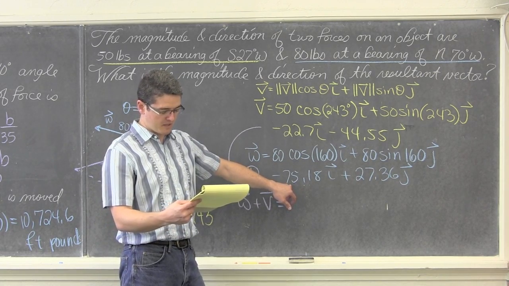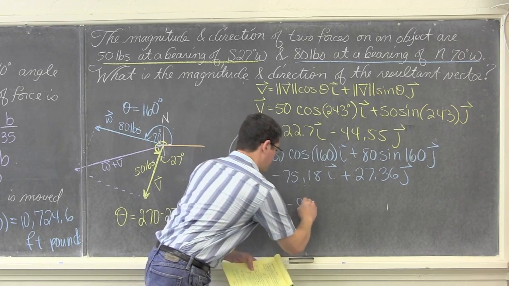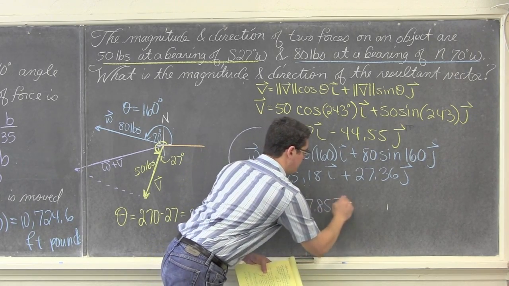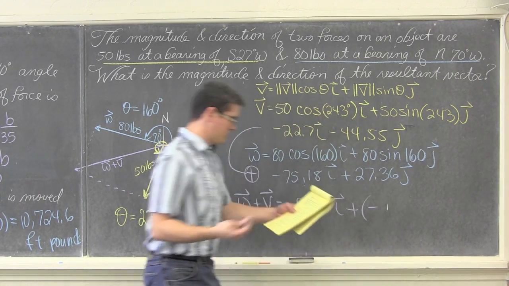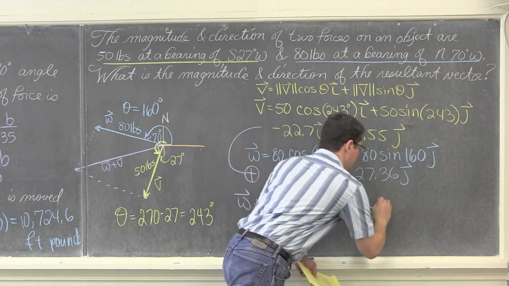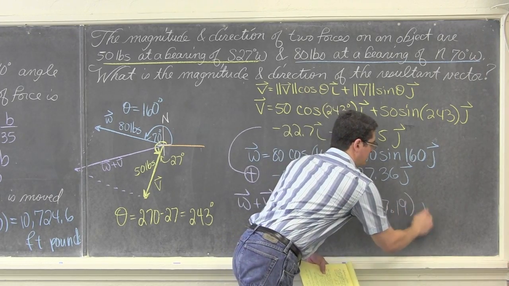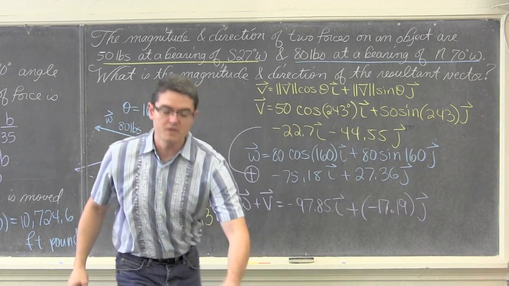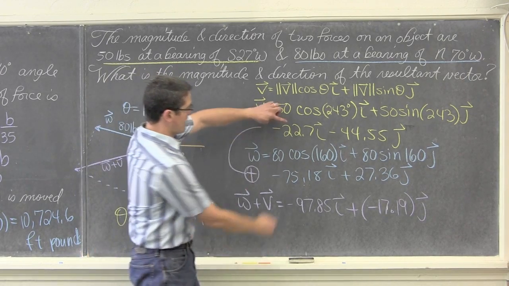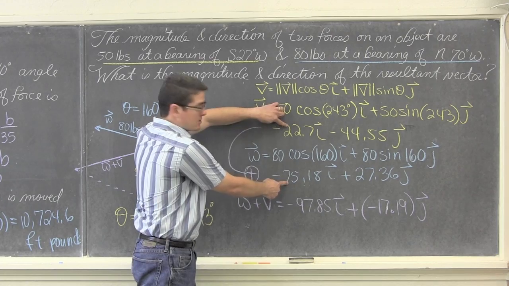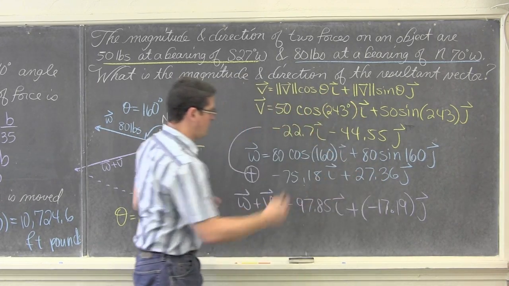And that comes out to be negative 97.85 I plus a negative, I don't usually write that, I don't know why I have it in my notes, 17.19 J. Again, once you have your horizontal and vertical components, you can simply add the horizontal components, add the vertical components, and voila.